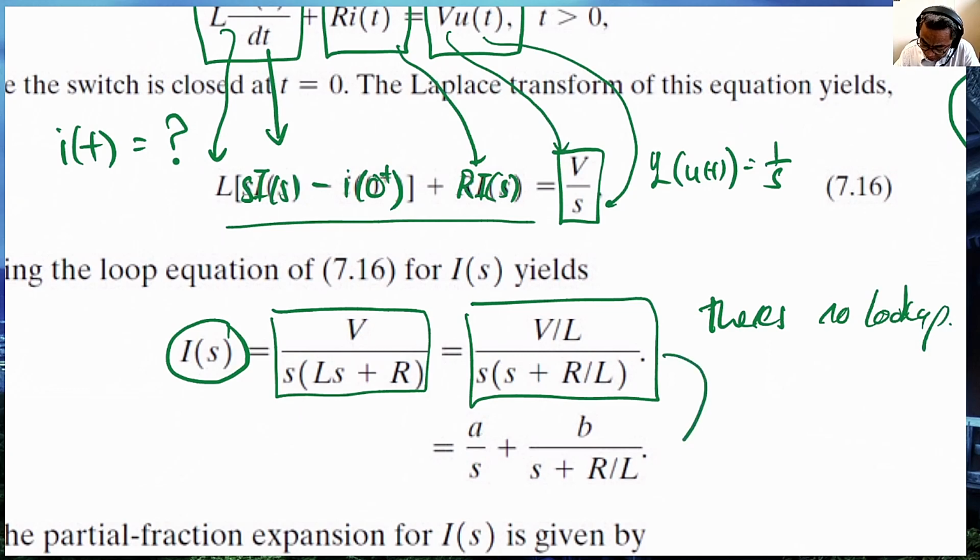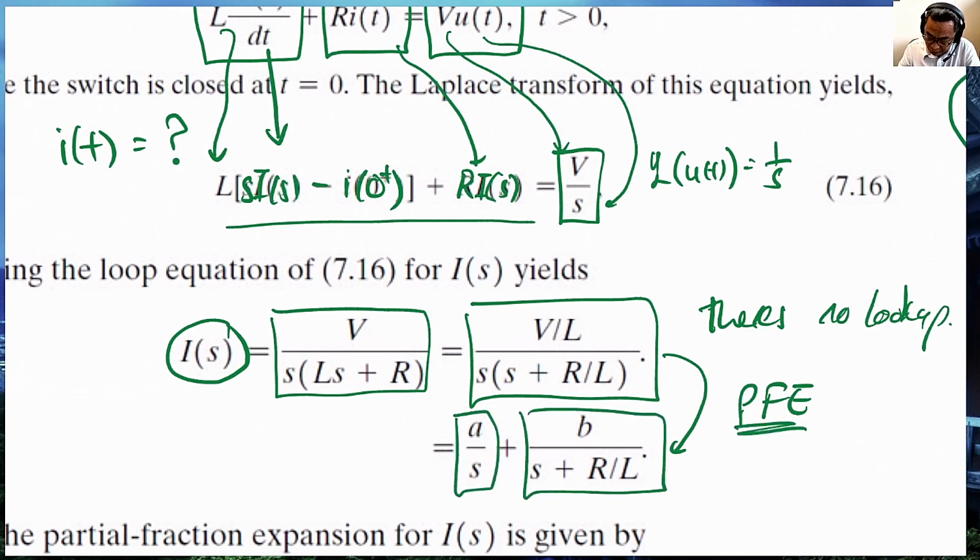So what we do is partial fraction expansion, and you have to read up on partial fraction expansion, to break this complicated looking function into small parts like this. By partial fraction expansion, we can find the value of A and the value of B and so on.